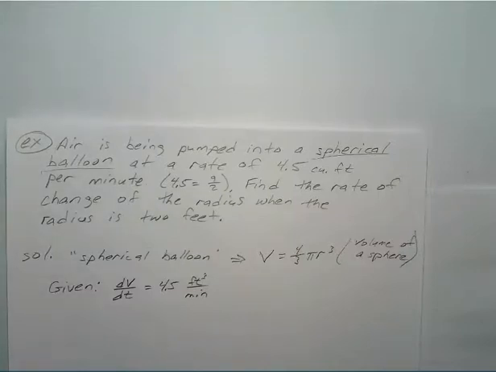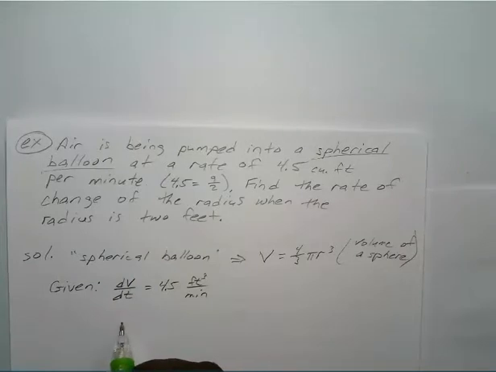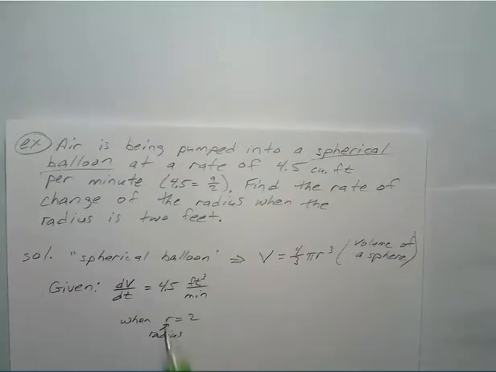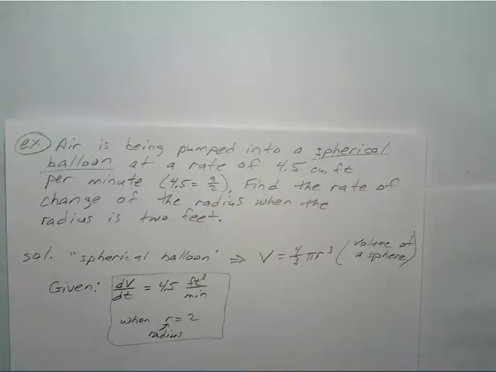Okay, what else do we know? We know that we're looking for the radius when the radius is 2 feet. Okay, so we know when the radius equals 2 feet, we can put a little square around that.